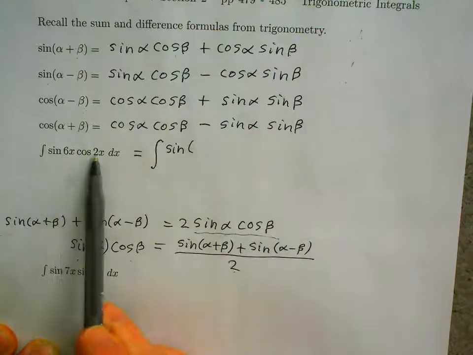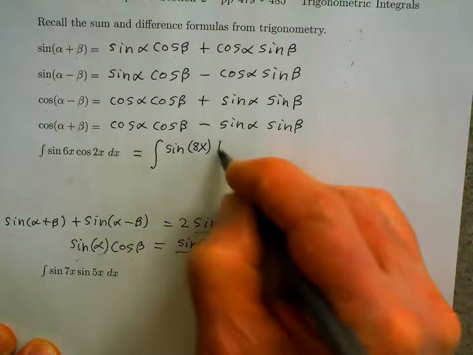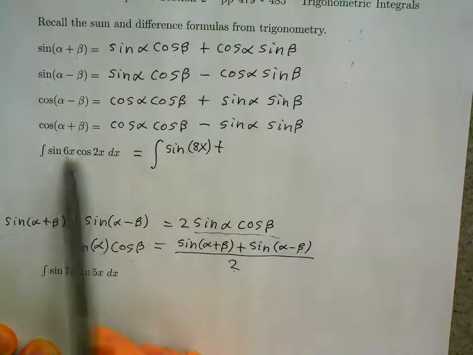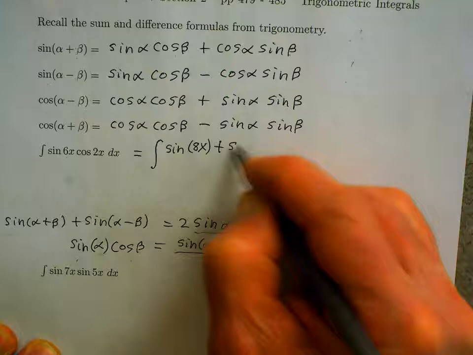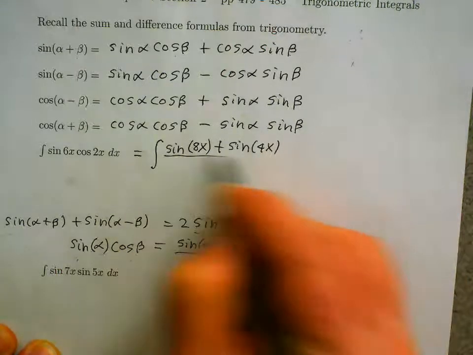So 6x plus 2x is 8x. And then plus sine of alpha minus beta. So sine of 6x minus 2x is sine of 4x. This is all divided by 2.